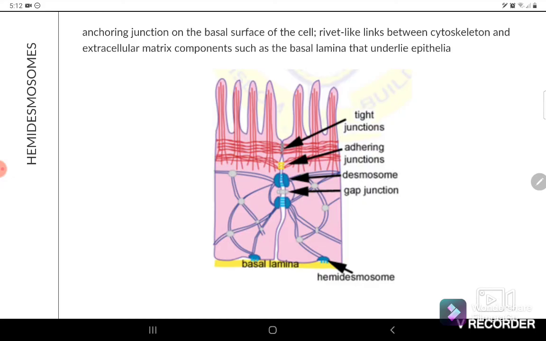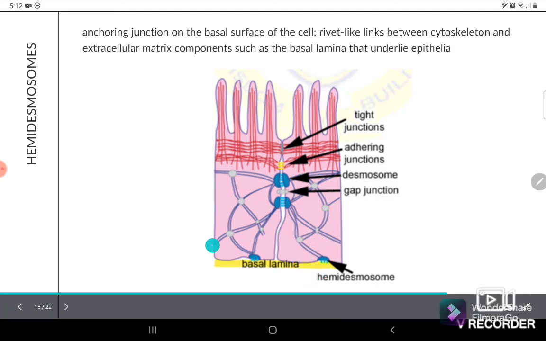They are rivet-like links between the cytoskeleton and the extracellular matrix components, such as the basal lamina that underlies epithelia. As you can see here, they are anchoring junctions. They are attachments to the base of cellular structures.